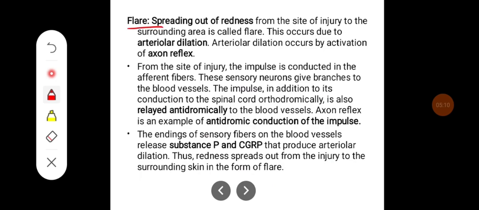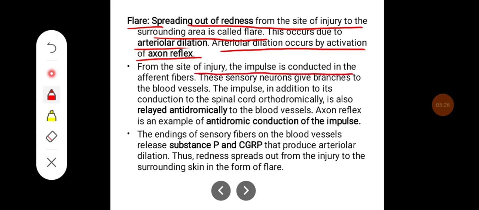Flare occurs because of the spreading out of the redness from the site of injury to the surrounding area, and this occurs due to the arteriolar dilatation, and the arteriolar dilatation occurs because of the activation of axon reflex. From the site of injury, the impulse is conducted in the afferent fibers. These sensory neurons give branches to the blood vessels.